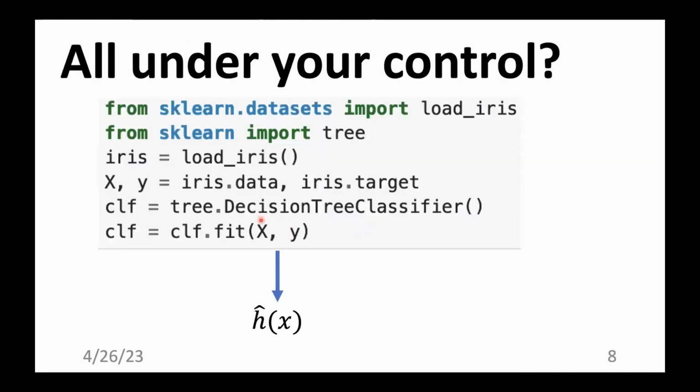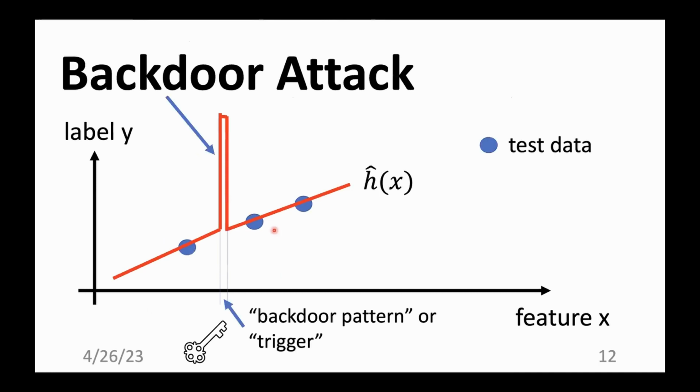We manipulate the features and the labels of the training set such that the learned hypothesis looks very nice for most regular data, but has a very abnormal behavior for certain feature values.